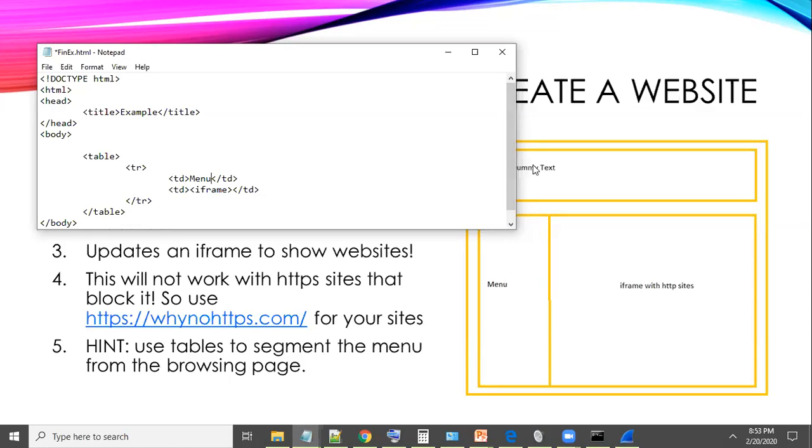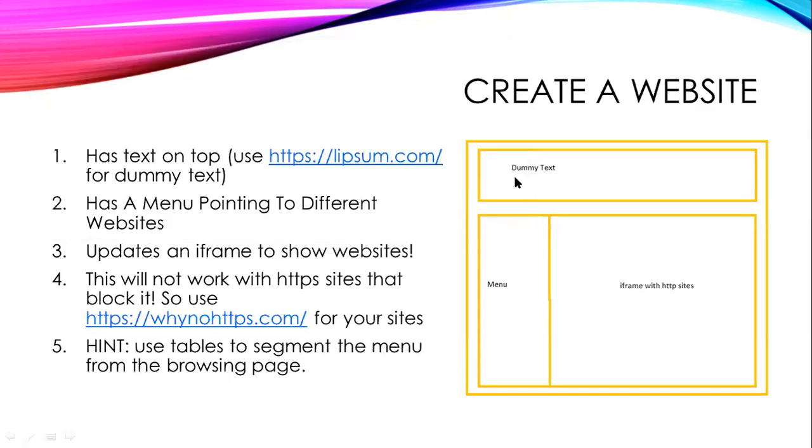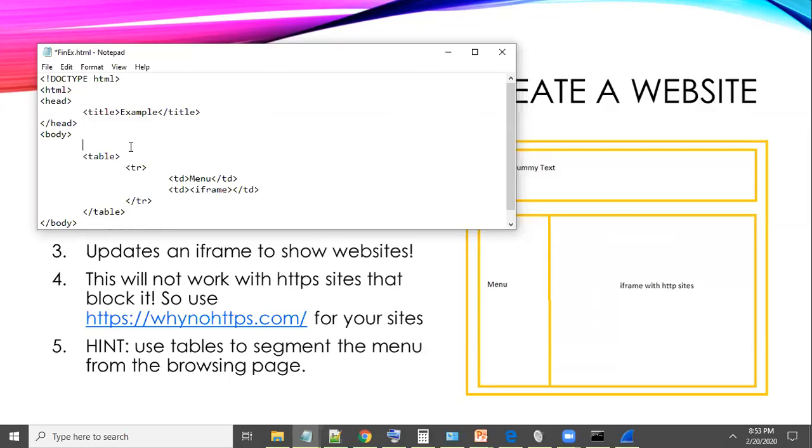And how about the dummy text? Where would that go? So that's at the top. Would that be above the table? Yep, you got it. So this would be the dummy text. Would you need to put that in a tag, or can it just be dummy text like that?